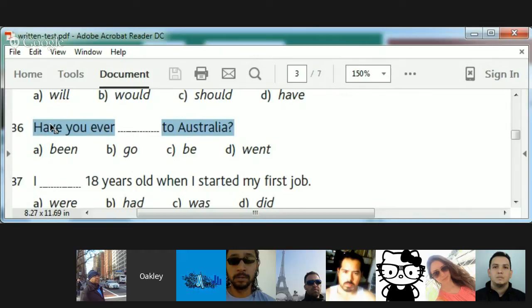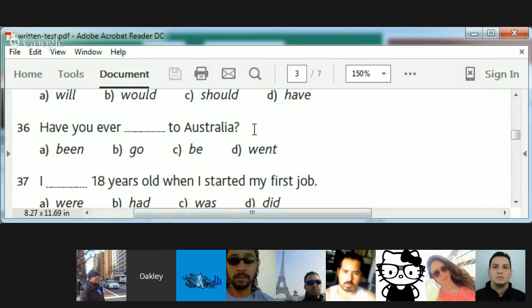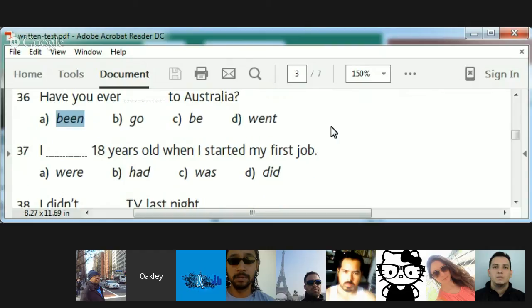Heidi. Philip, number 36. Have you ever been to Australia? This is a pretty straightforward question form of present perfect. The past participle of the verb to be is "been," of course, and you are correct.